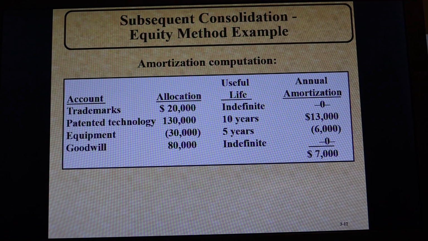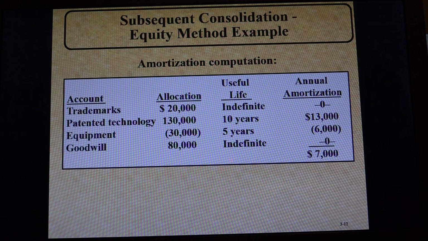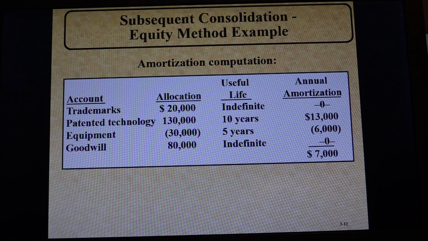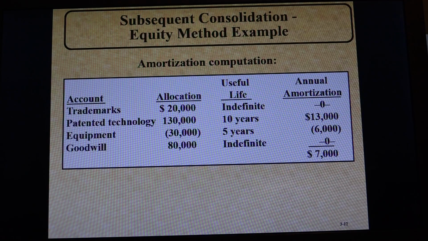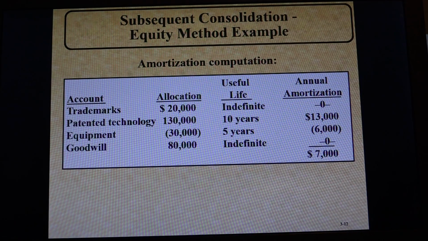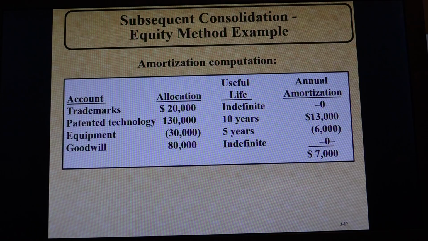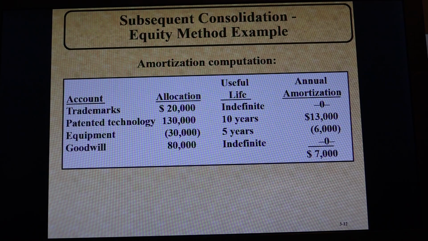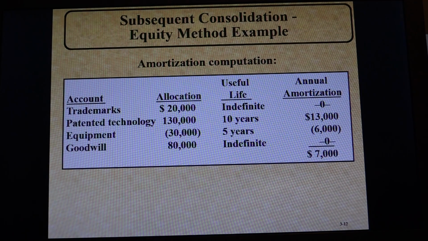And so it actually increases the amount in the equipment account, so that at the end of 5 years, what you're going to have in there is not $120,000, but $150,000. So it's very similar to amortization of a discount on the sale of a bond.